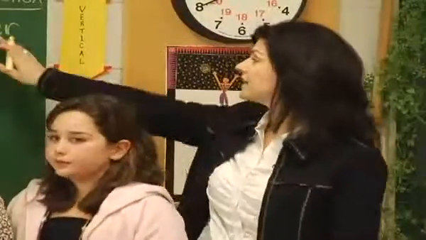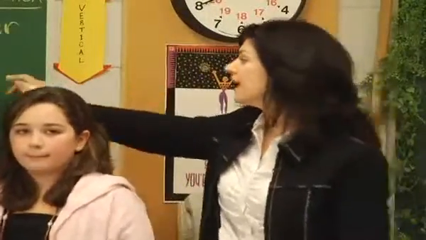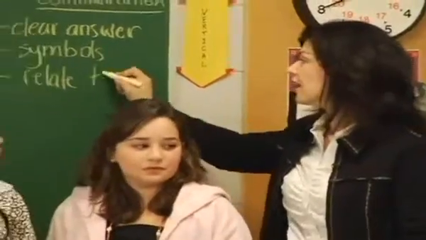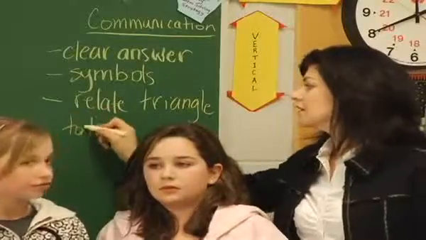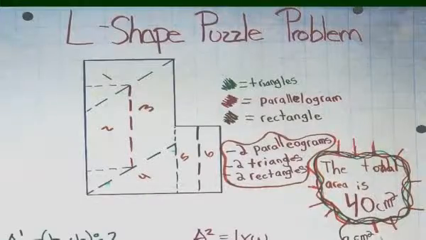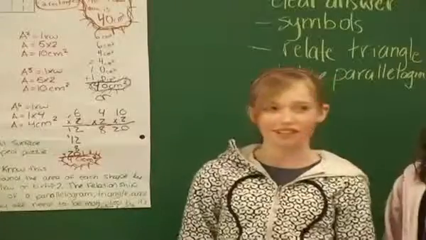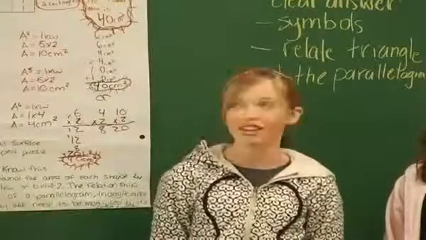In our first group, we had a clear answer, and the symbols were shown, and they related the triangle to the parallelogram. This is our L-shaped puzzle. To start, we used the parallelogram because to us that would be the hardest shape to fit in.